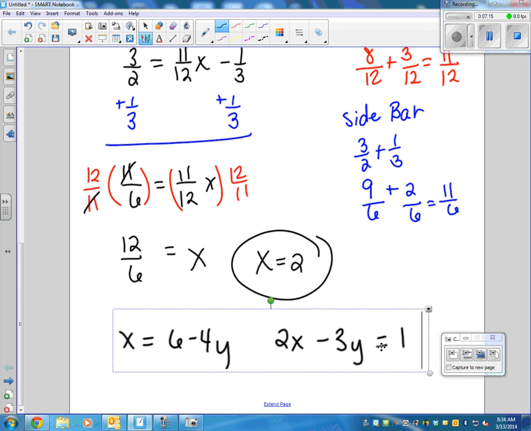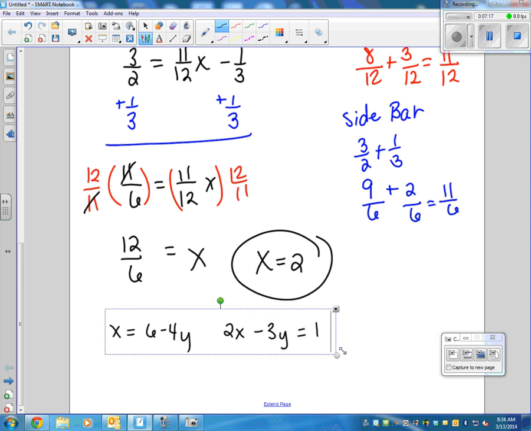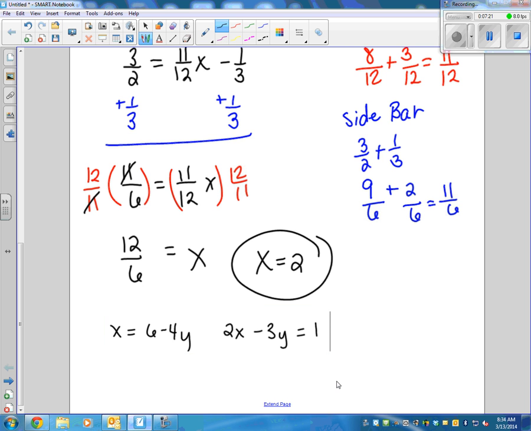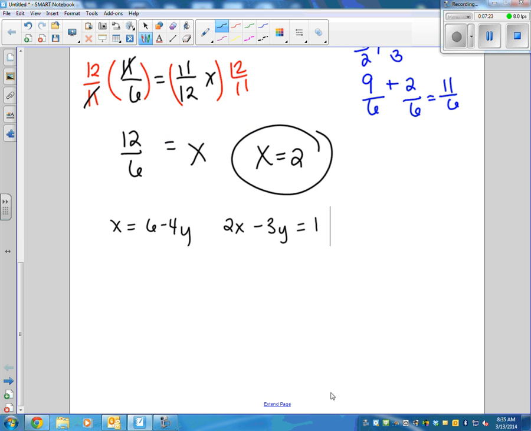And now that I have an x value, I'm going to plug it in and see what my y value will be. Pretty easy though once you get to this point. So let's plug it in. I can use either equation: 2 times the x equals 2 that I found, minus 3y equals 1. So that means 4 minus 3y equals 1.